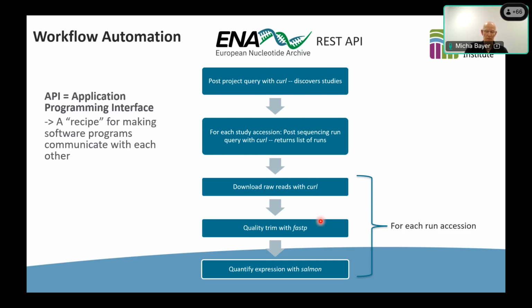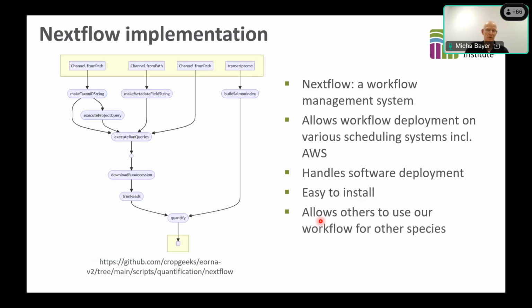So this is all completely unsupervised and doesn't require any human interaction. And it scales beautifully because of that. So initially we implemented that just as simple shell scripts, but then latterly we have been turning these into proper production quality workflows.